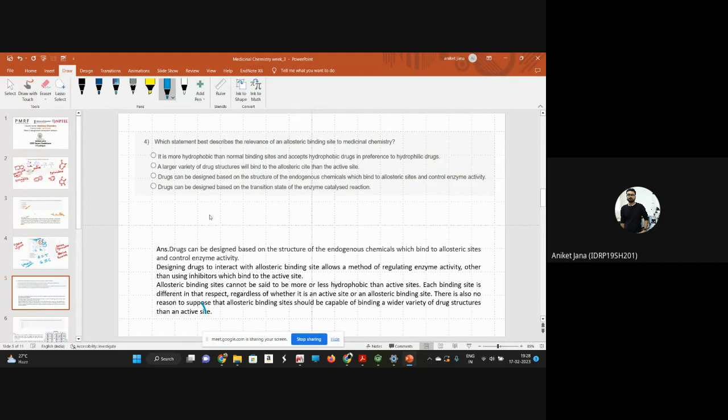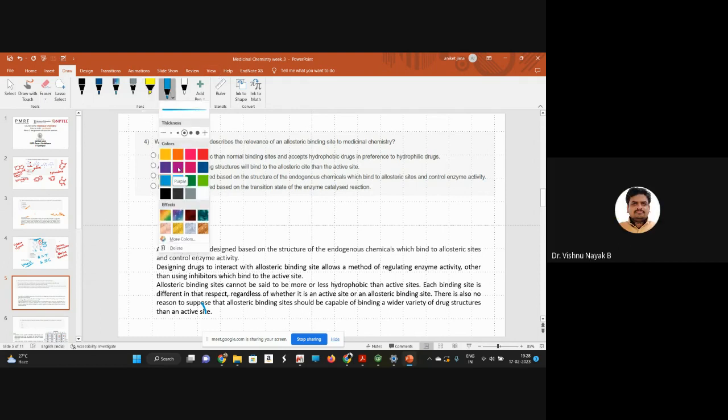It is more hydrophobic than the normal binding site and accepts hydrophobic drugs in preference to the hydrophilic drugs. So is this true? No. No.